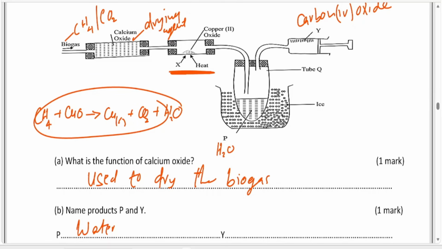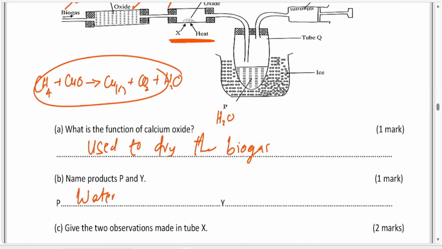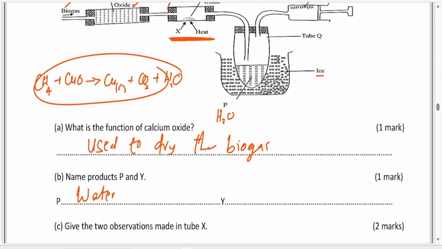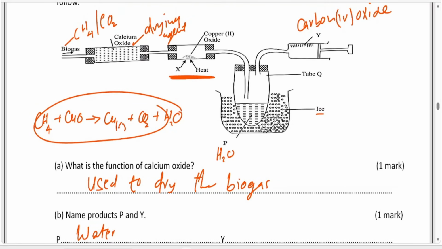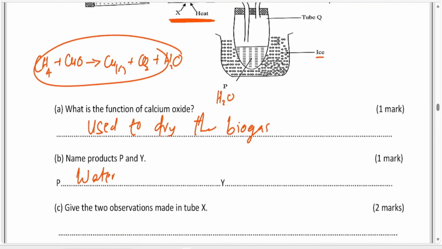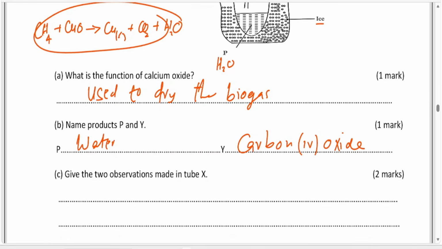That's the reason we are saying that P, because you can see it is ice cold water, so the water vapor is going to be condensed there. You're going to collect water at P, while the gas is going to be obtained at the side or syringe. So we have Y being carbon dioxide.